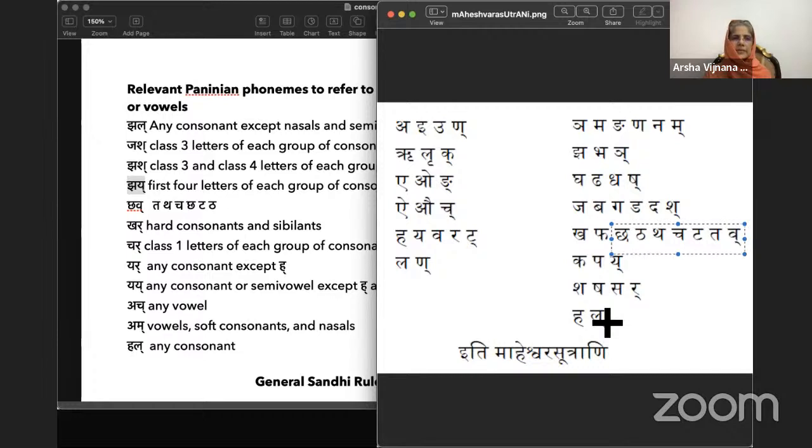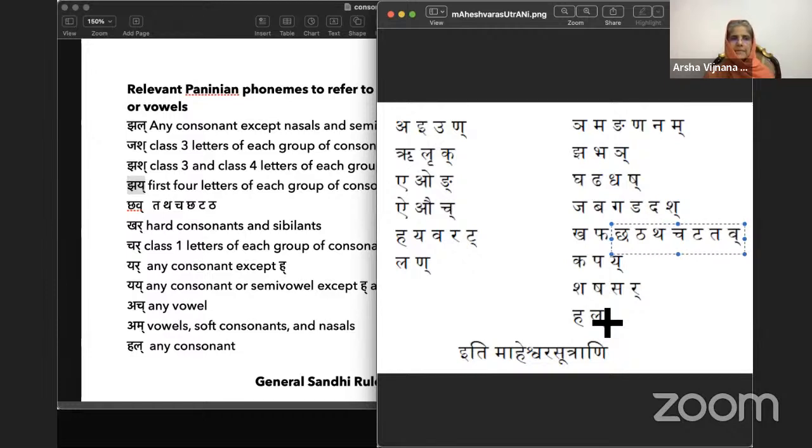Some are missing. There are only certain specific 6 letters included in Chav. Ta, tha. See, ka, kha is not there. Pa is also not there. So you can't say first and second. It's a specific thing. Tatha, chacha, tatha. Okay?